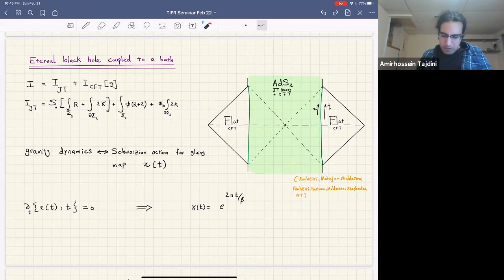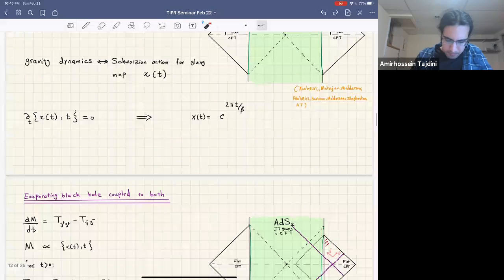In the eternal black hole, it's very simple. There's no flux of energy. So the Schwarzian equation of motion will tell us what the background is, what we expect for finite temperature. This is a black hole at finite temperature, and that's indeed what we find for x of t.